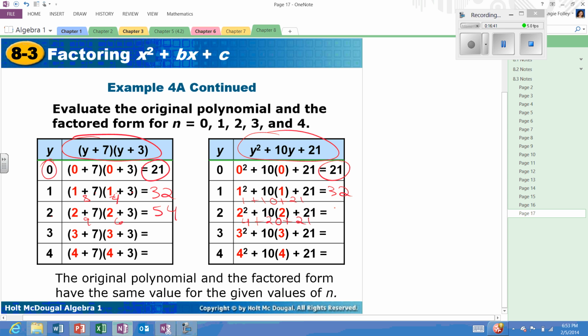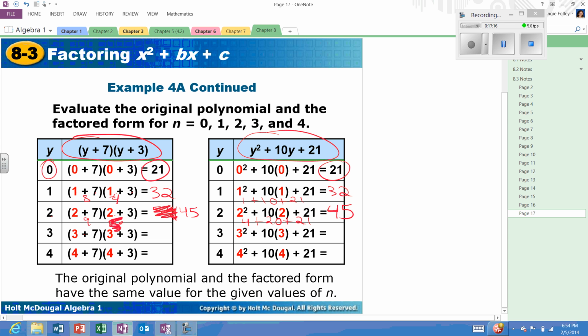Plus 21, 20 plus 21 is 41, plus 4 is 45. I made a mistake earlier, because 2 plus 3 is 5, not 6, so the answer should be 45. Sorry, my bad.